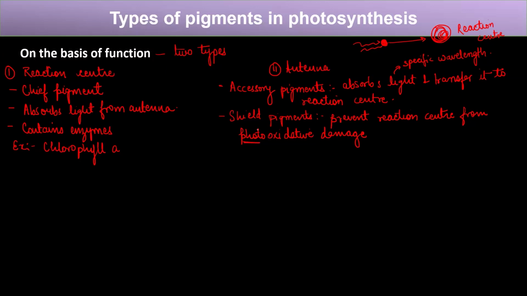So this antenna also acts as a shield pigment that prevents the reaction center from photooxidative damage. Now, what is the source of light or energy for this antenna?